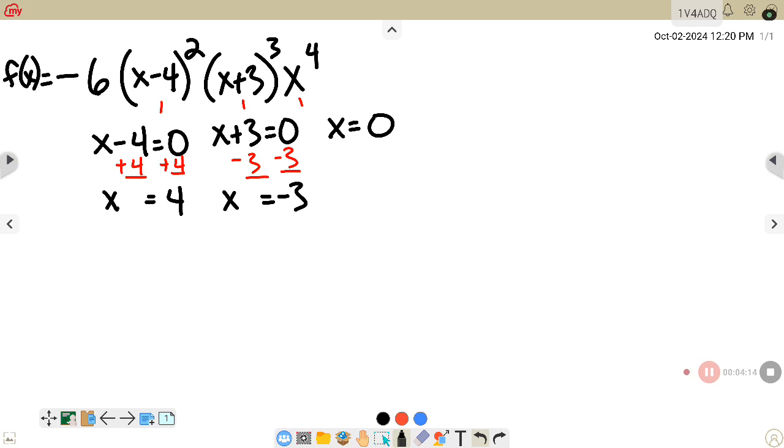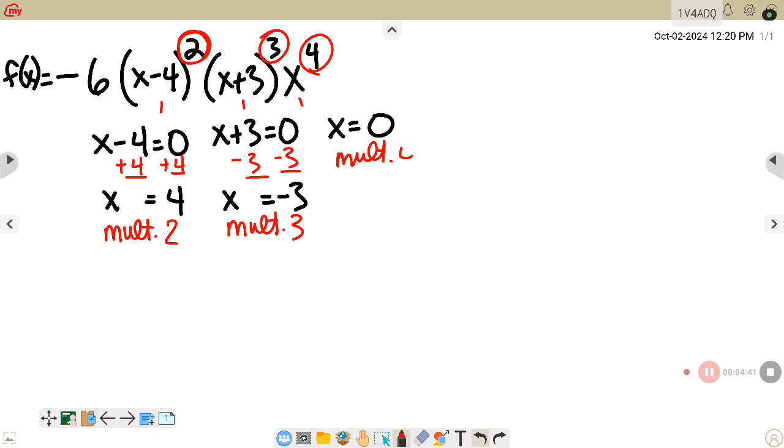So the first zero, the x equals 4, is going to have multiplicity, and remember where the multiplicity comes from. It's the exponent. So that one will have multiplicity 2. The -3 zero will have multiplicity 3. And then the last one, the zero that is 0, will have that multiplicity of 4.